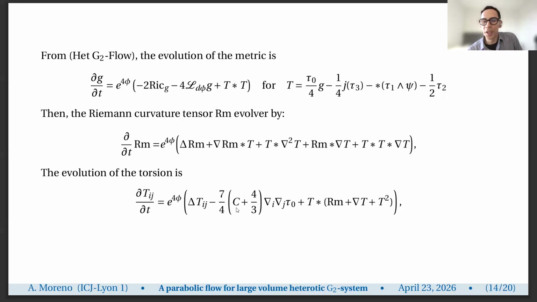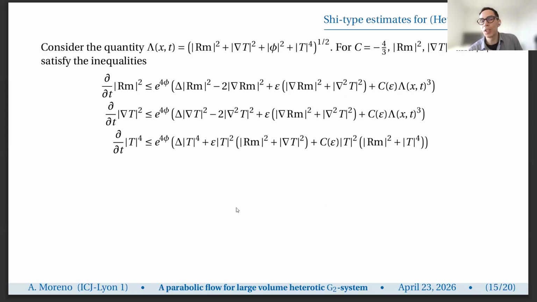And then you can make a very particular choice of the constant C, which is inside the range that we found for the short time existence, in order to get some kind of heat type equation for the torsion up to lower order terms, in order to apply the maximum principle and get some estimates for these quantities, which is basically what we want in the Shi type estimate.